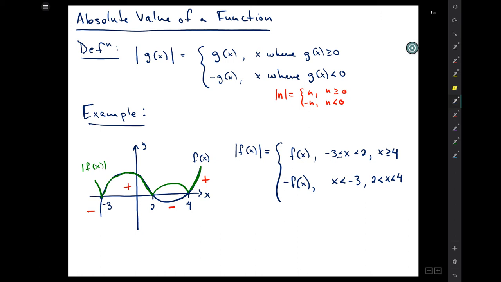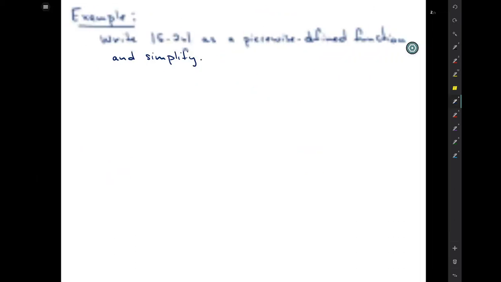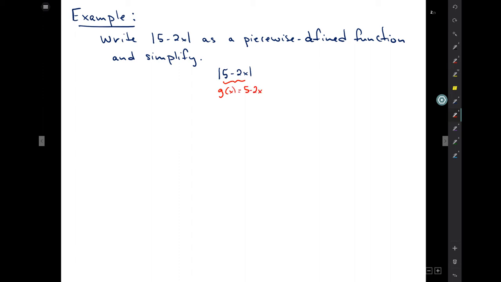Let's look at an algebraic description. In this example, we are going to take the absolute value of 5 minus 2x, and we are going to write this as a piecewise defined function, and we are going to simplify. So to start with, I can use the definition. Here my g of x is 5 minus 2x.